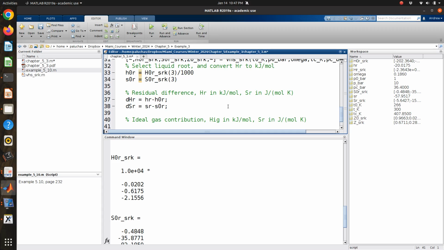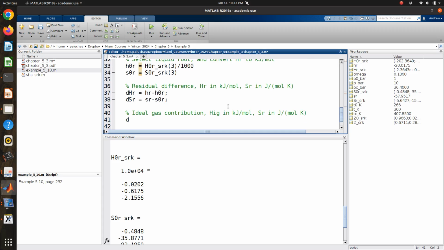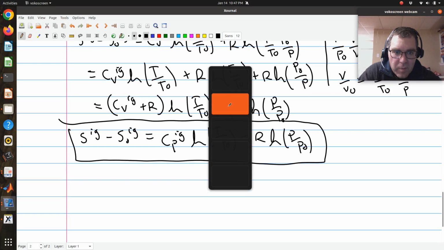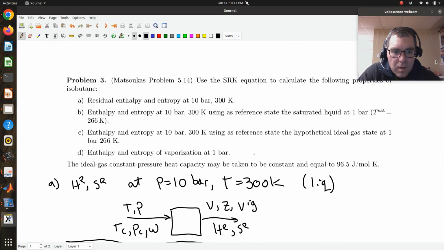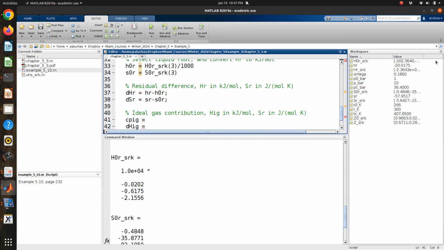Okay, so dH ideal gas. Well, first I need CP ideal gas. Okay, it's the same as problem 2. Is it 96.5? 96.5. Okay, and that's joules per mole Kelvin.